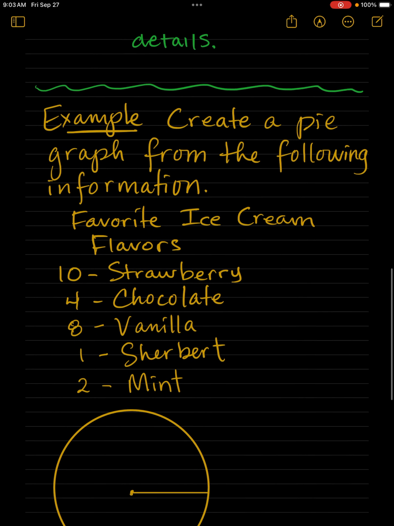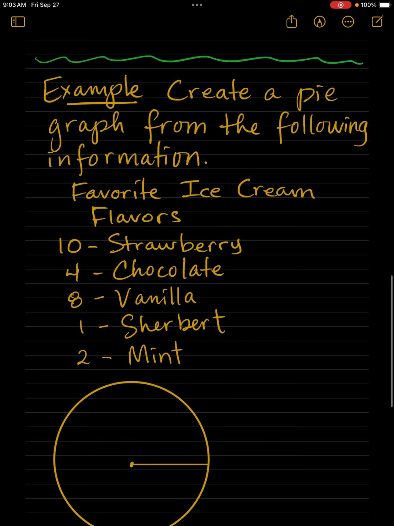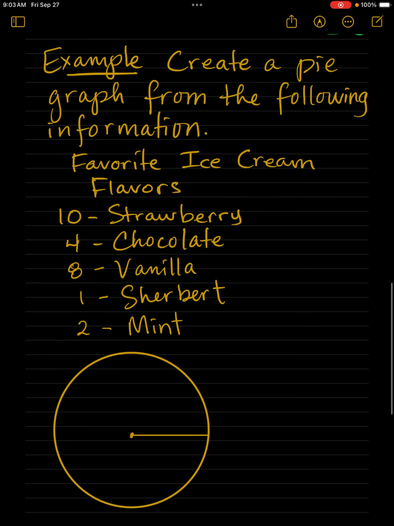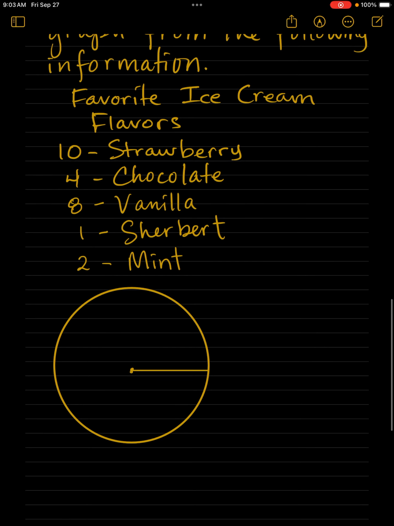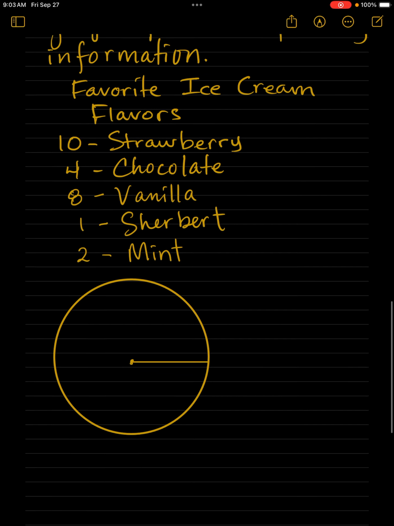Let's do an example so you can see how to follow those steps. We're going to create a pie graph from the following information. Here we have favorite ice cream flavors. I interviewed my first period class, and these were their favorite flavors.